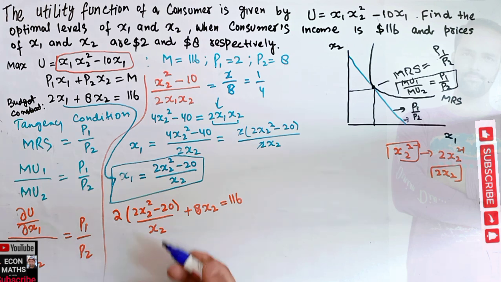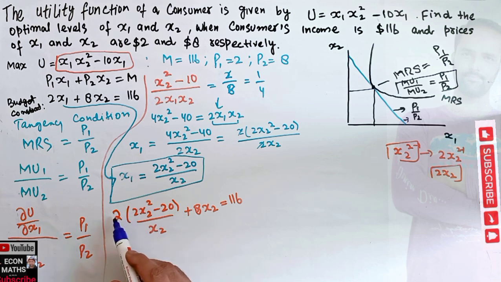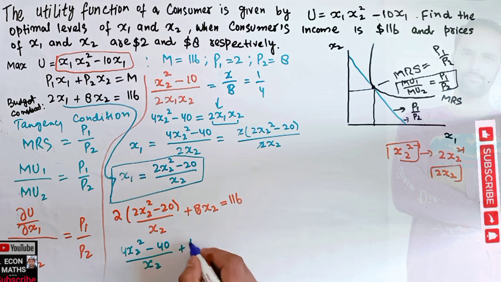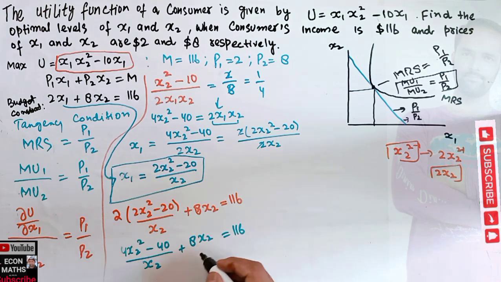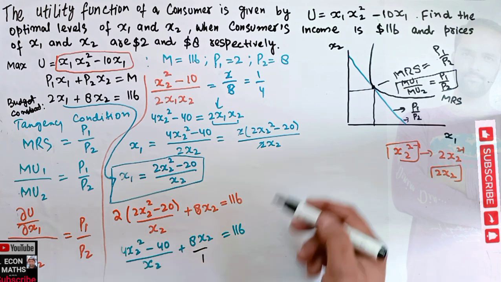Now doing some basic math here. So 2 2s are 4x2 square minus 2 into 20 is 40 upon x2 plus 8x2 is equal to 116. Now let's do another cross multiplication here.